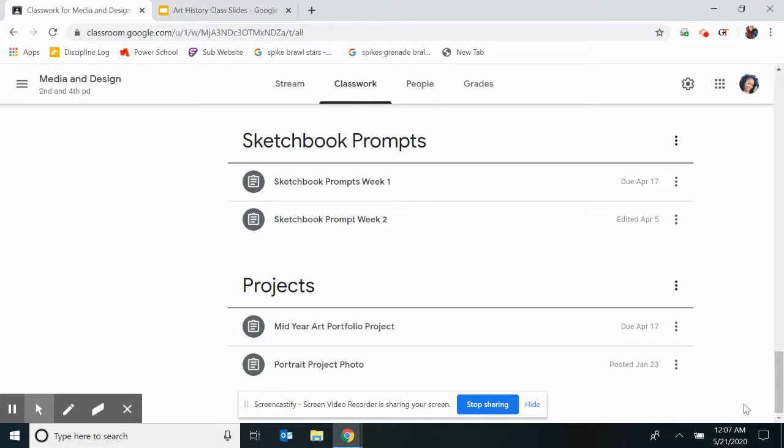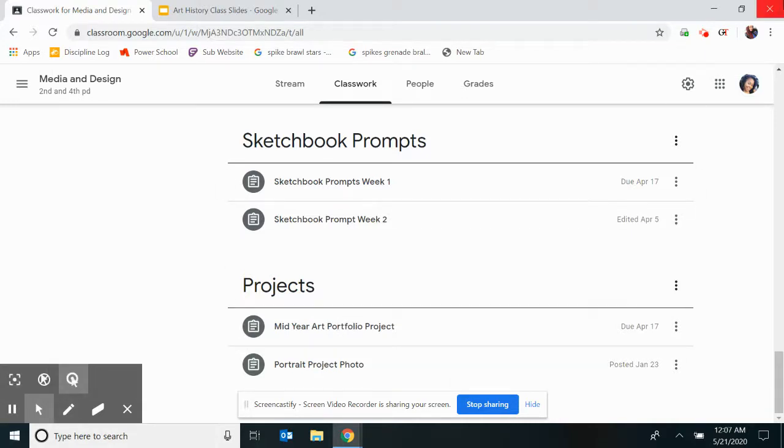All of that stuff that we did during third quarter and I sent home with you to work on at home had to be postponed to your fourth quarter grade. So yes, this was third quarter work, your mid-year art portfolio and your sketchbook prompts 1 and 2. However, due to policy change, I had to wait to put it on your fourth quarter grade.